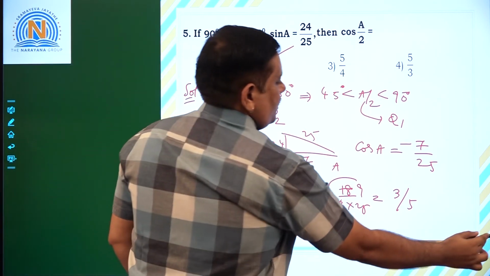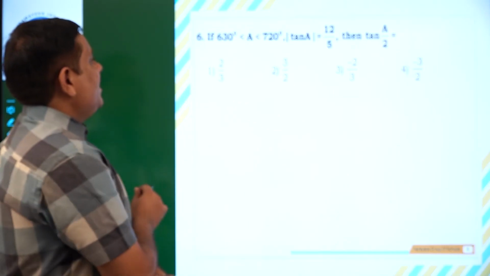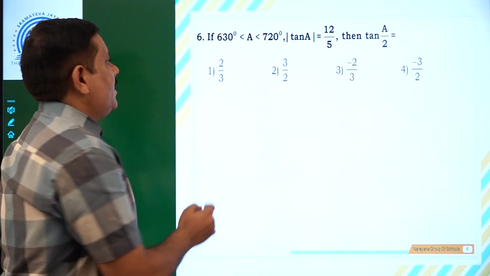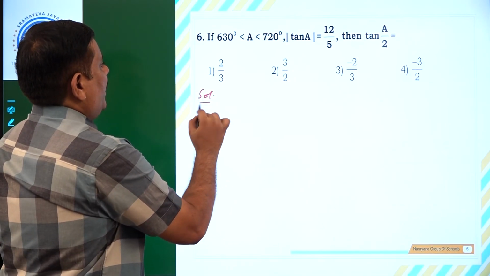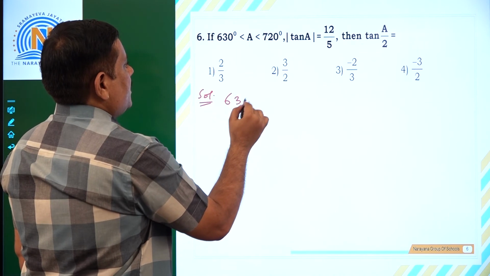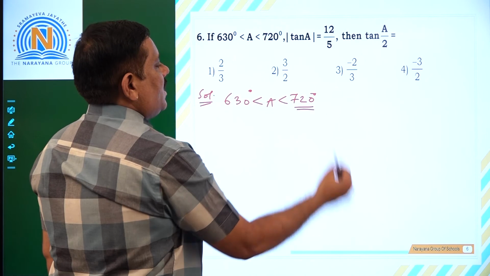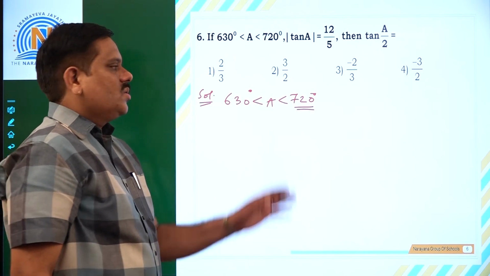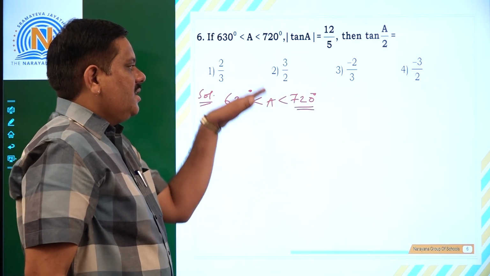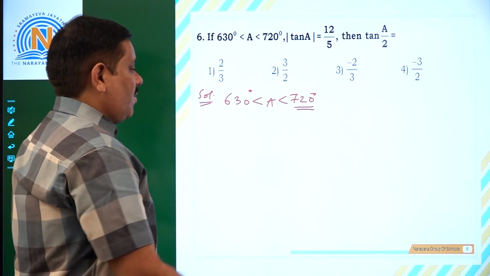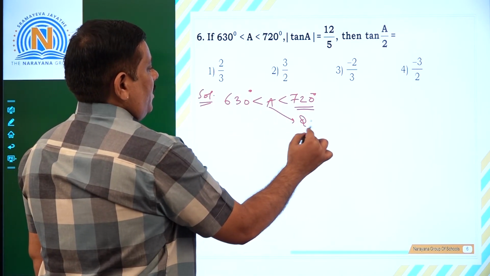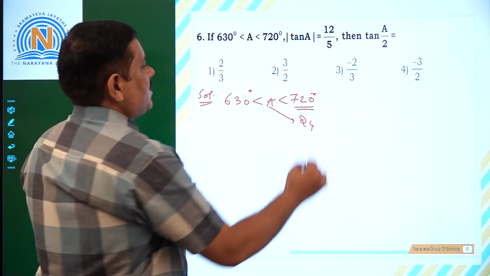Fine. Last question: if 630 degrees is less than a, less than 720 degrees, where does a lie? 720 is a multiple of 360. So definitely it lies in quadrant number 4. A is in quadrant number 4.